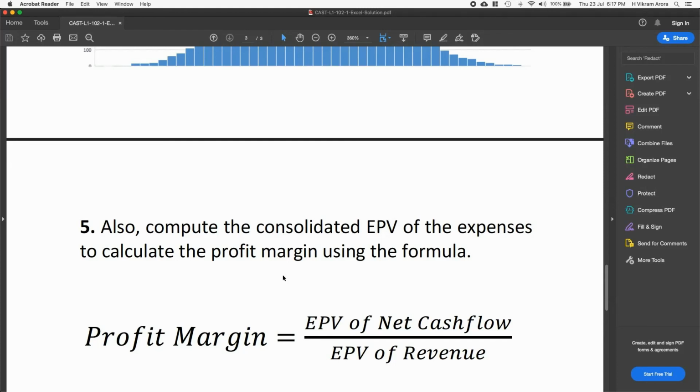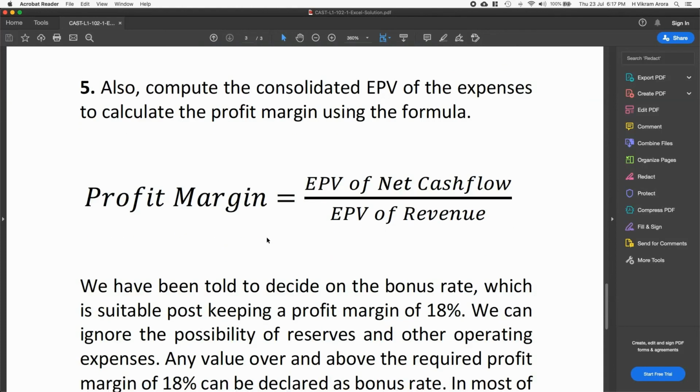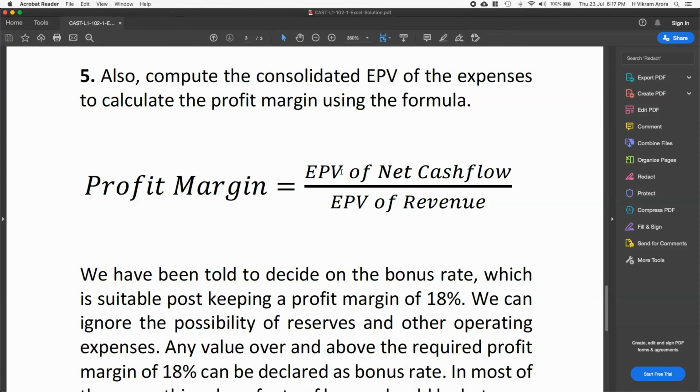So we have information about the profit margin. We already have the consolidated EPV, and we can use this profit margin formula to calculate an appropriate profit margin, which has been given to us as 18%. Maybe the reason we have written this formula is just for understanding. All you need to do is set up a simple equation of value.